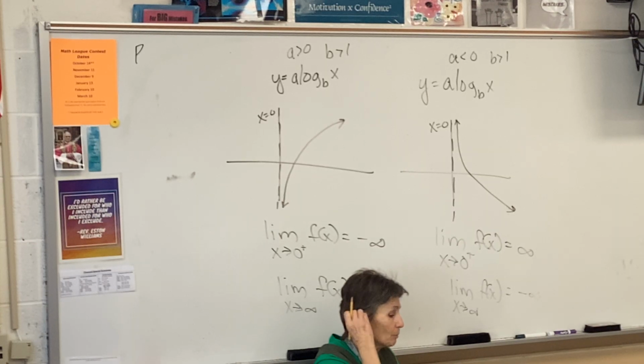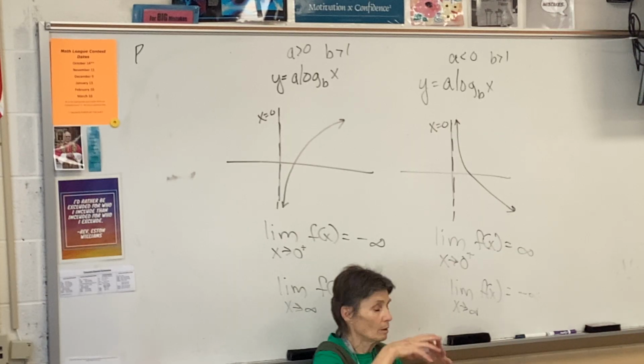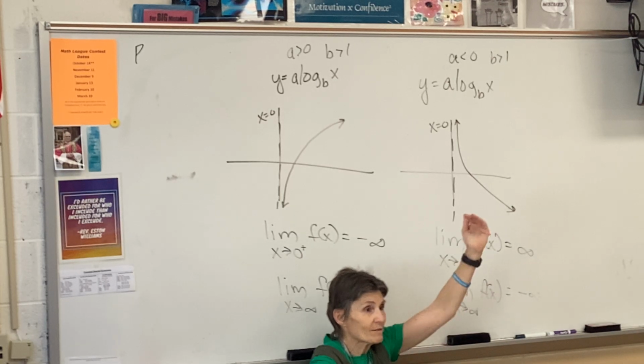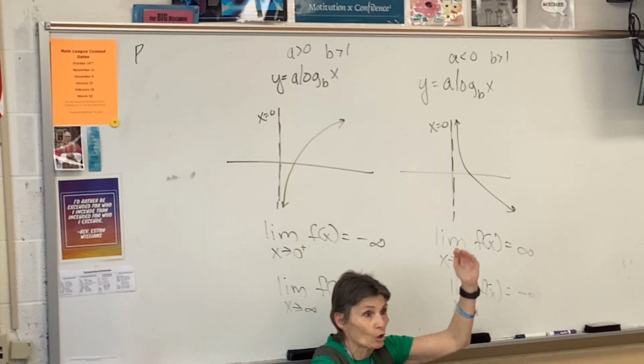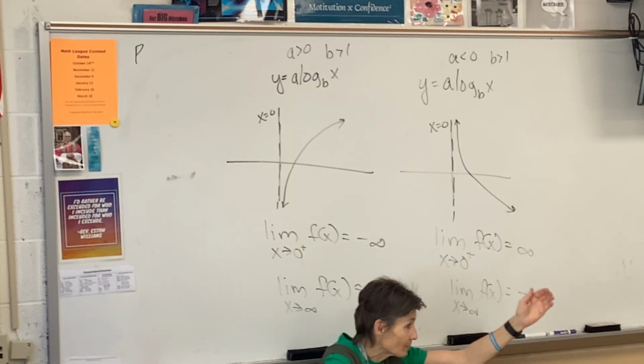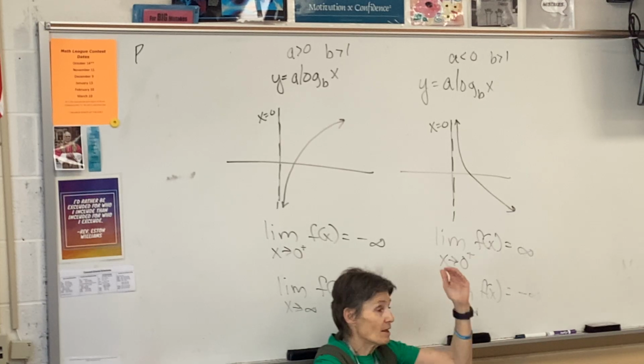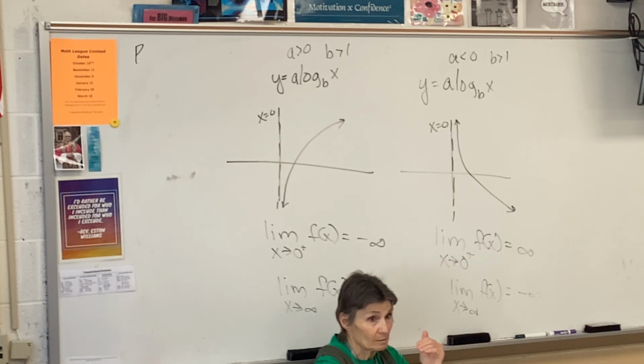All right, example 3, we have some tables. What is the rule for a table of values in a logarithmic function? What are the x's doing? If it's a logarithmic, x's are exponential, they're multiplying, right? And then the y's are adding.